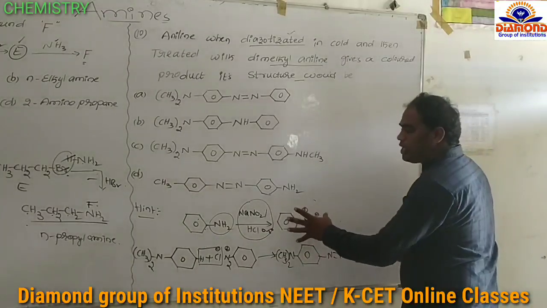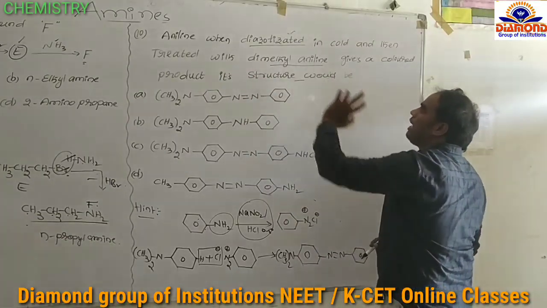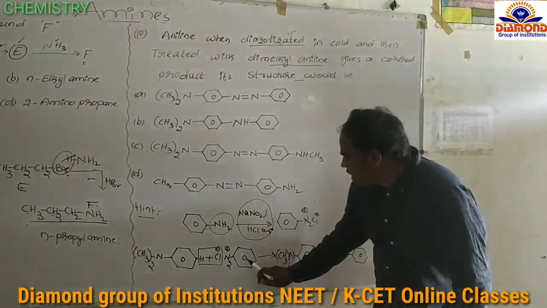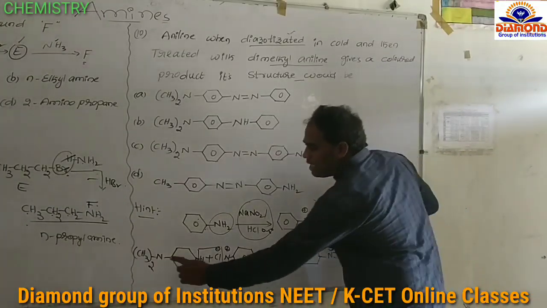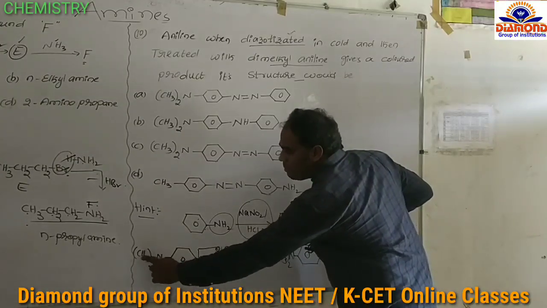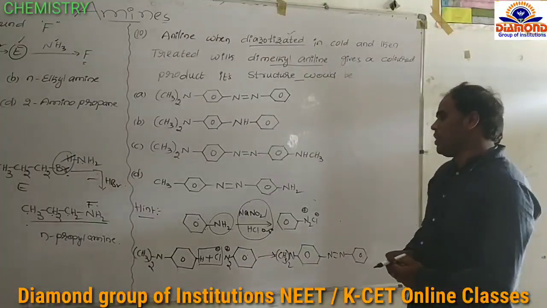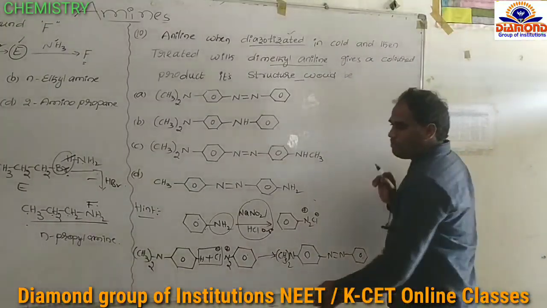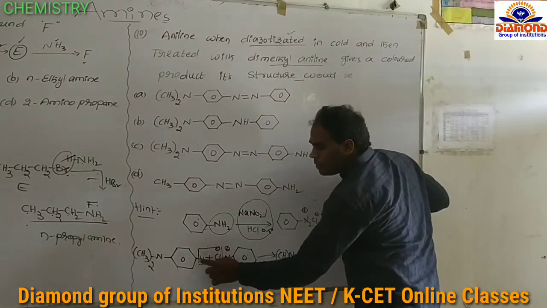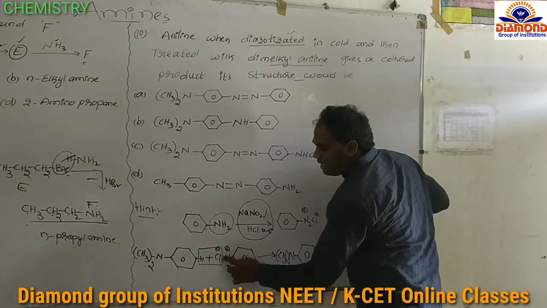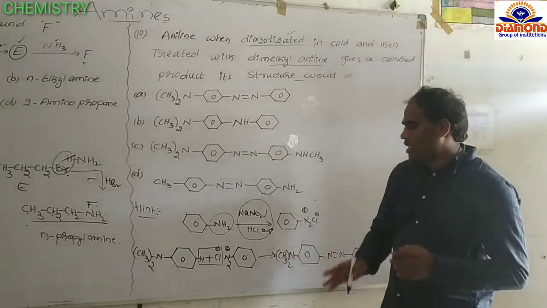Next, this benzene diazonium chloride is treated with N,N-dimethyl aniline. So what happens here? At the para position, hydrogen and Cl are both eliminated as Cl minus. This is a coupling reaction, student.